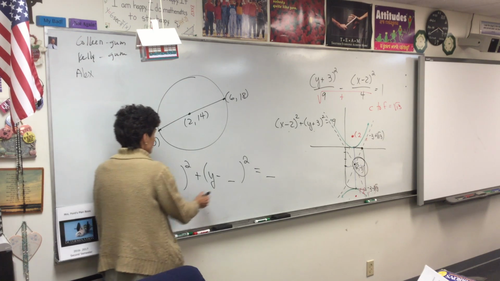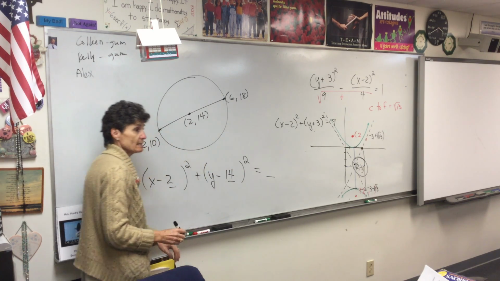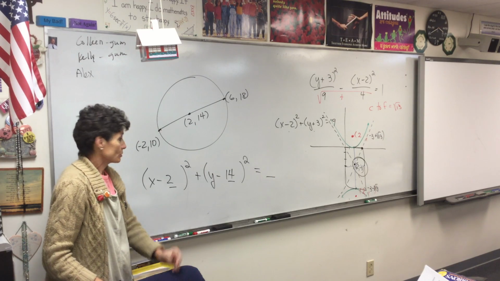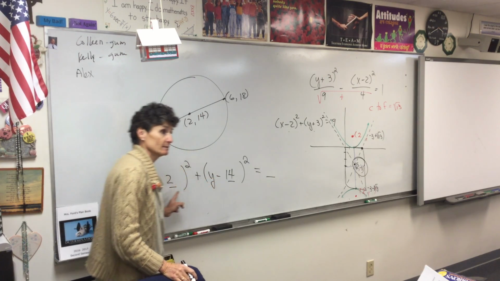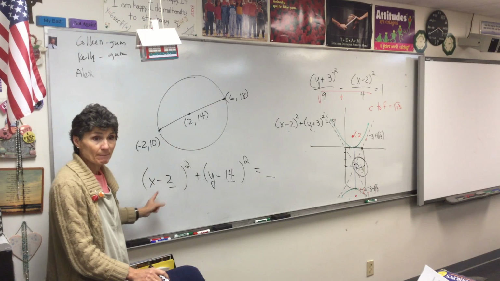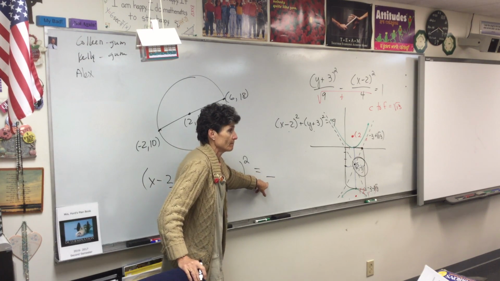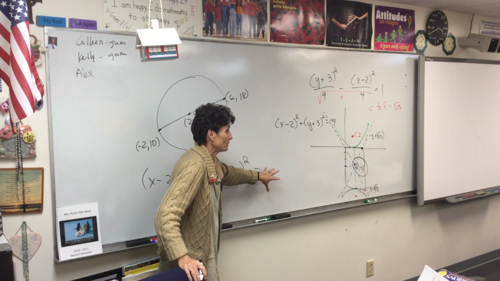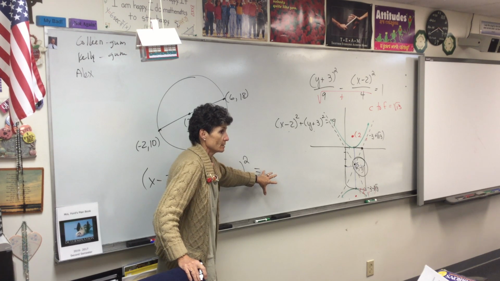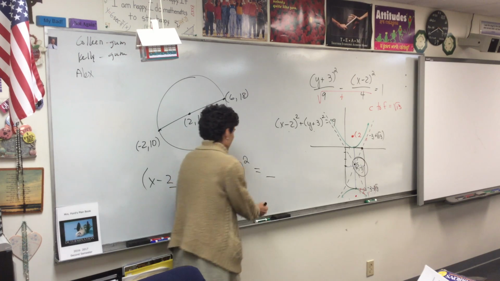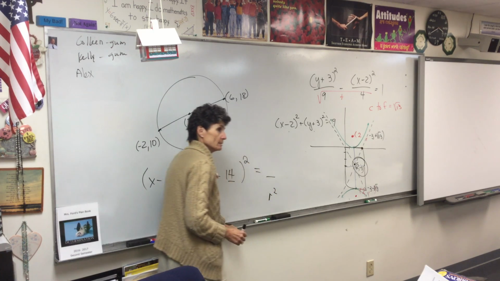x minus 2, y minus 14. So that takes care of those blanks. That's the midpoint of the diameter. Now, what goes here in the equation? Just in general, what do I put there? That's the radius squared. That's going to be r squared.